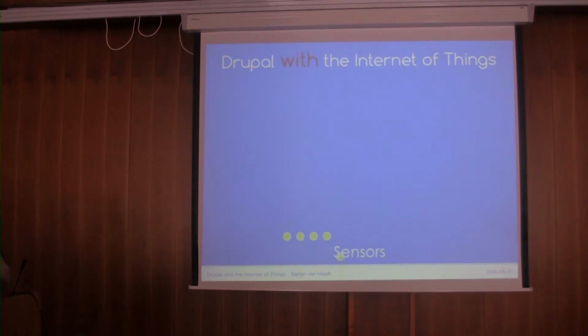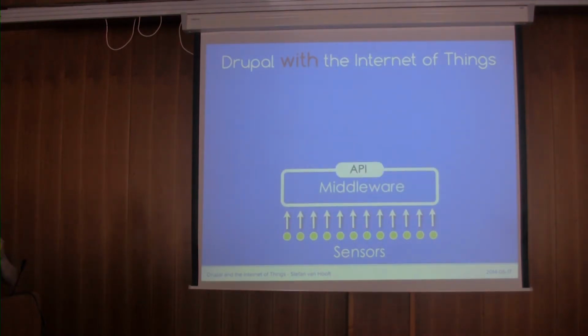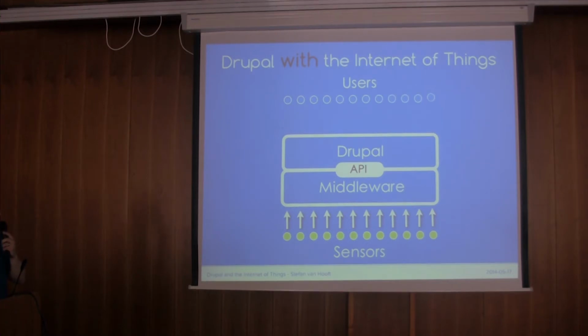Okay, I have a couple of slides, and this is Drupal with the Internet of Things. So you have the sensors, you have middleware, API, and then Drupal on top. And this is the middleware. Is that clear for everybody, by the way?